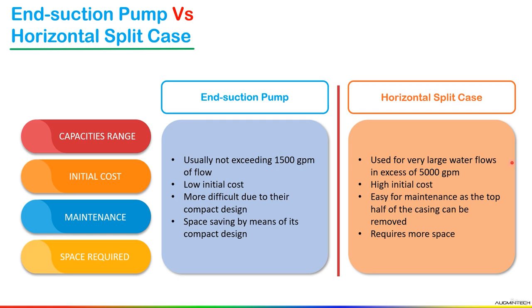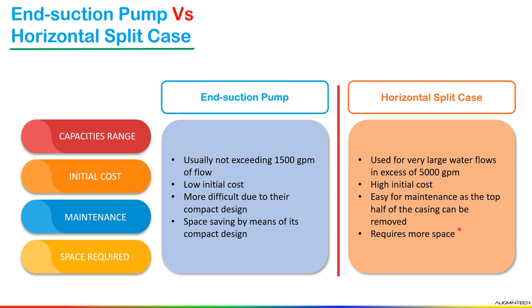Okay, and here remember one point. The one advantage of the end section pump is what? Here, when you see between this end section pump and the horizontal split case pump, we have many benefits of using the horizontal split case pump instead of the end section pump.